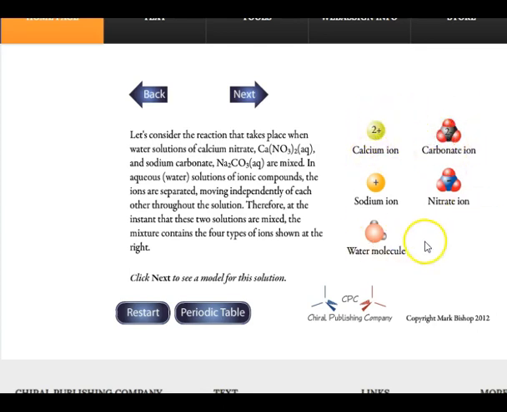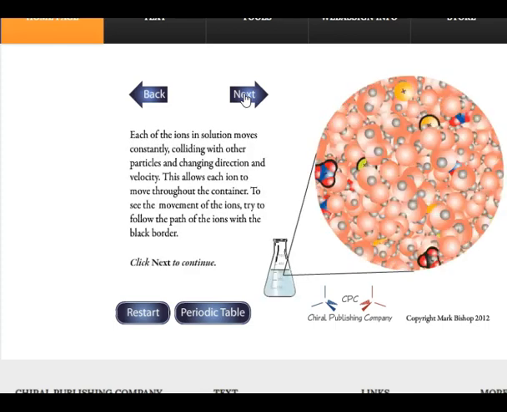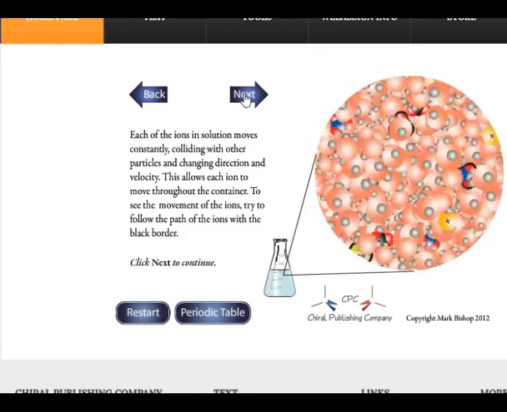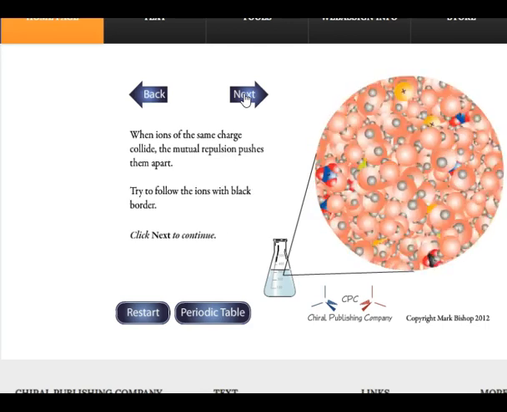All of these ions are in solution, along with the water molecules. To start off, all the ions are in there because the sodium nitrate and calcium carbonate have dissolved in the water. You see them all mixing, and they paused it there. You can see the different ions in the solution still.